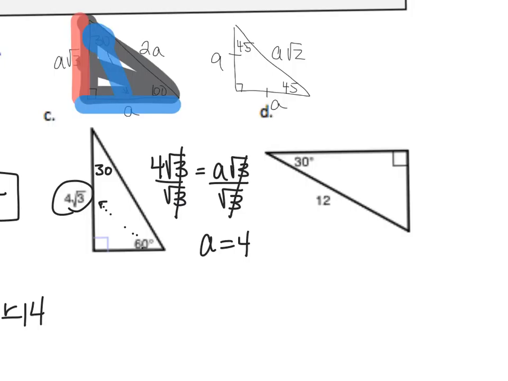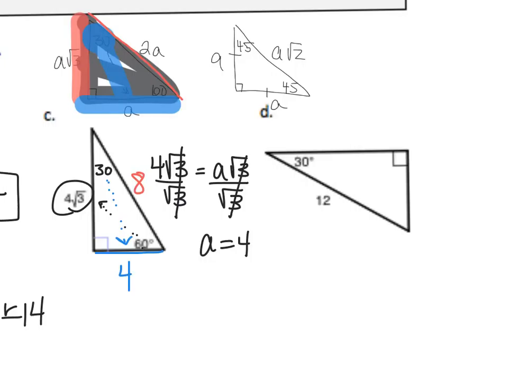Again, however you look at it. So here's my 30-degree angle coming down. So this side right here is the A side, so that side is going to be 4. To find the hypotenuse of the right triangle in a 30-60-90, it's 2A. So the hypotenuse is going to be 8, multiplying 4 times 2.